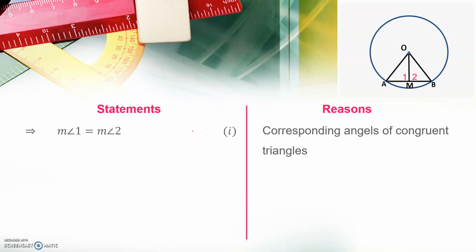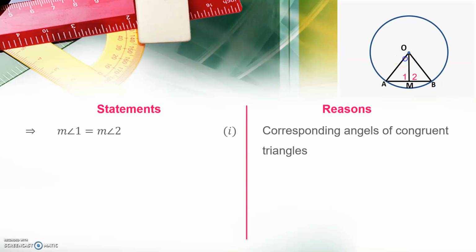Students, as we know that these two triangles OAM and OBM are congruent, as we have proved that all three sides of these two triangles are congruent. So if two triangles become congruent, all three sides are congruent and all three angles are also congruent.